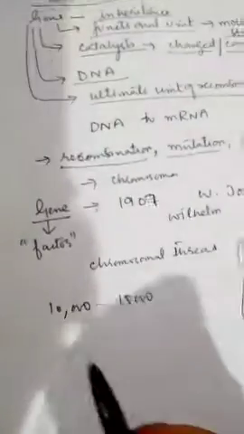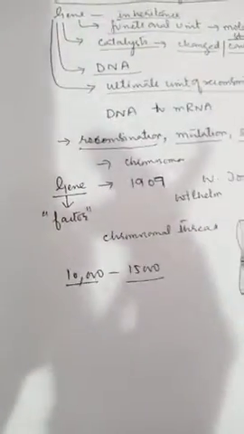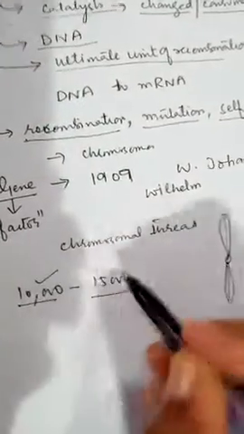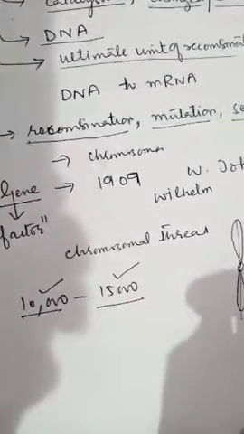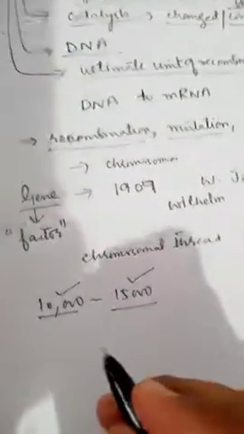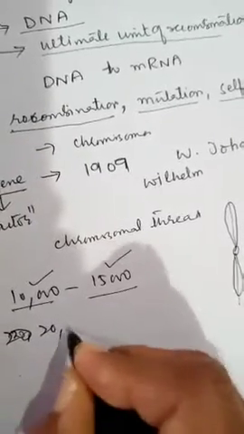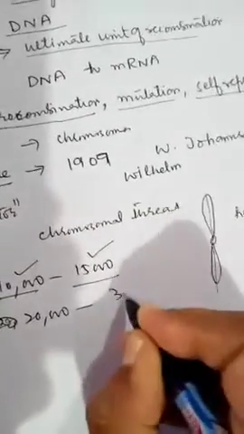And it has been found that the number of genes in one set of chromosomes may range between 10,000 to 15,000. अगर हम human being की बात कर लेंगे, the total number of genes in human being is about 20,000 to 30,000.